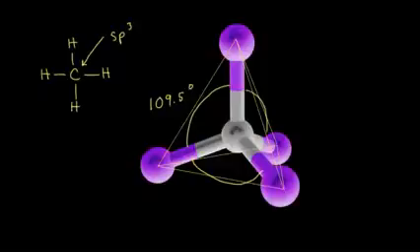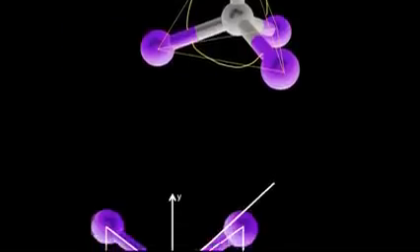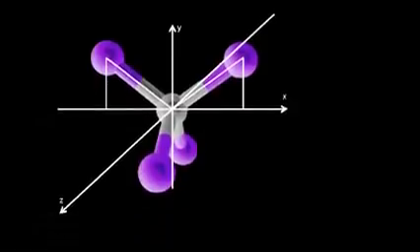And the proof for this was shown to me by two of my students. So Anthony Grebe and Andrew Foster came up with a very nice proof to show that the bond angle of an sp3 hybridized carbon is 109.5 degrees. And what they did was they said, let's go ahead and take that tetrahedron and put it on XYZ axes, and let's put carbon at the center here.